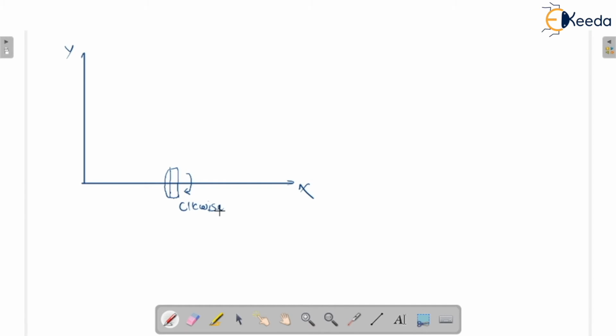What is the meaning of precession basically? If you consider this as y and this as z, there will be a plane.